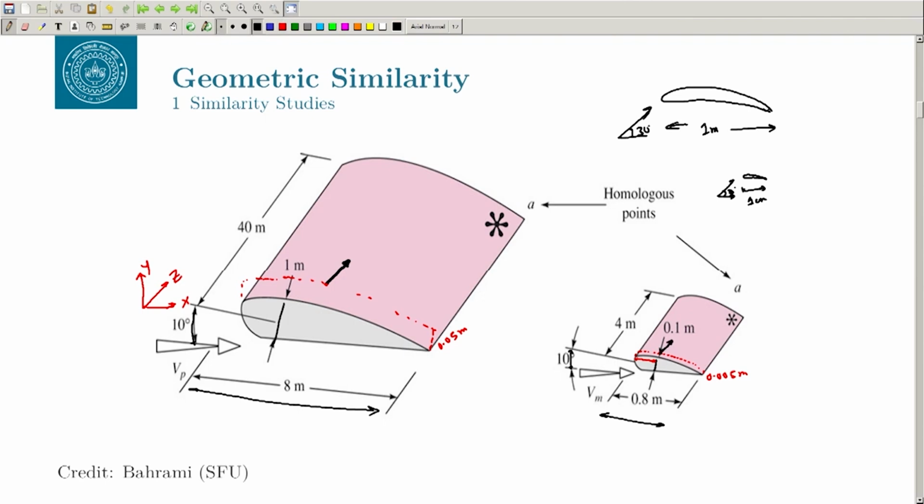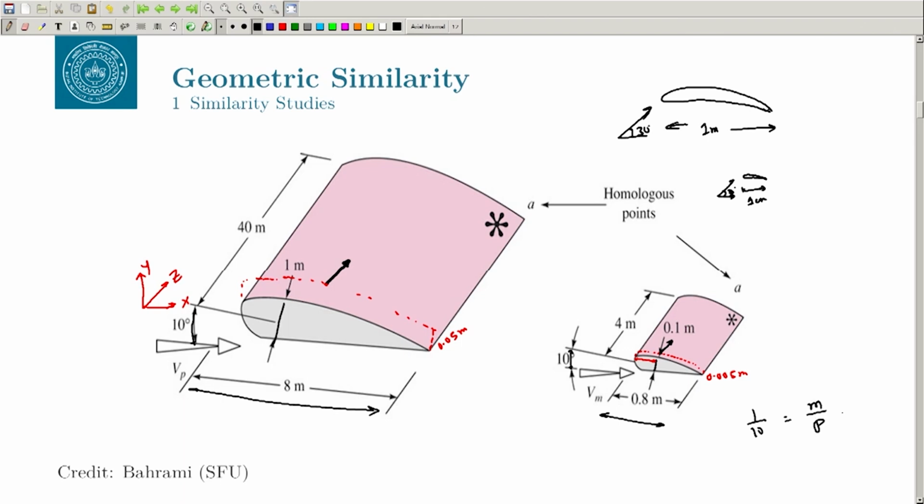The kinematic similarity says that the velocity should be in the same direction, and it must be scaled by the same factor. Here, for the geometric similarity, you have taken the factor of 1/10, so the factor is 1/10 between the model and the prototype, right.